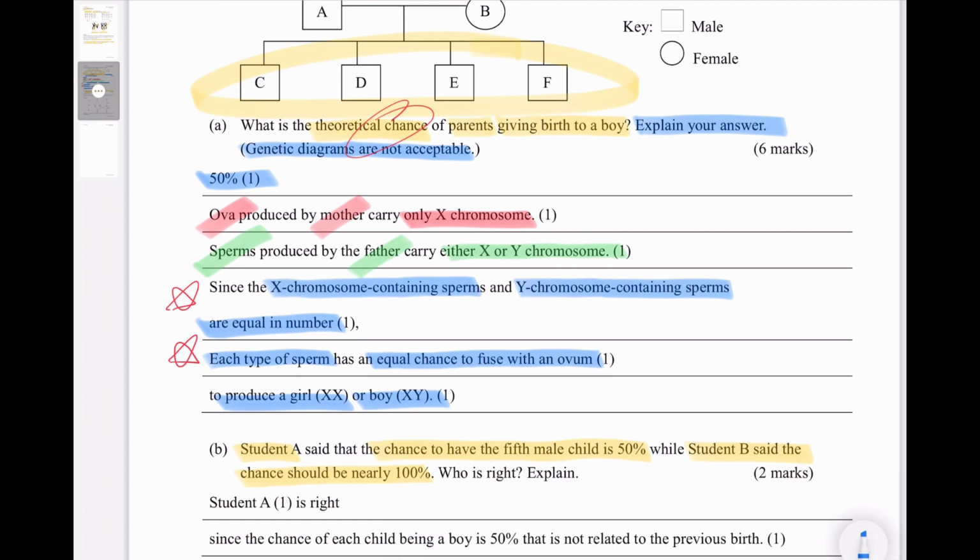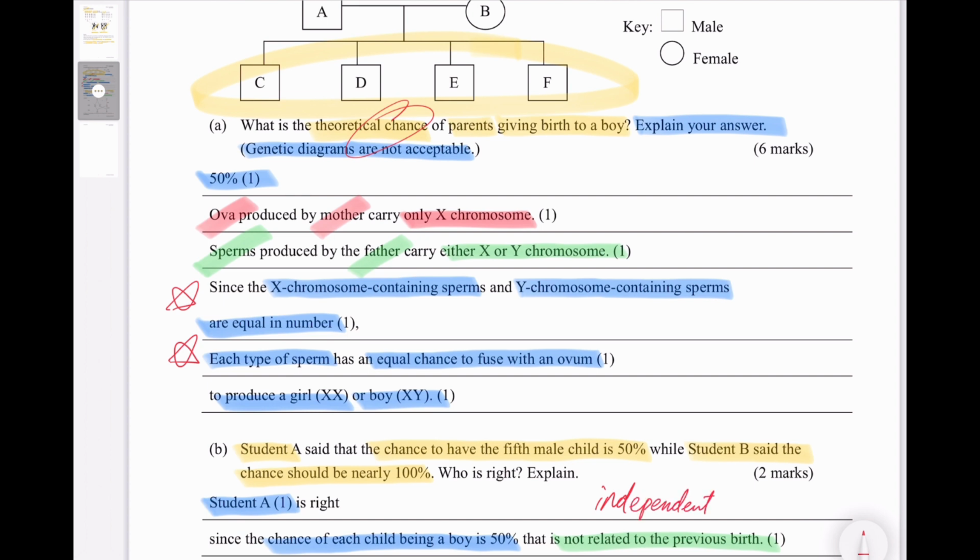You should know that according to the concept of part A, student A is correct. Because the chance of each child being a boy is 50%, just like the chance of each child being a girl is also 50%. And this chance is not related to the previous births. It's like what we learn in mathematics, they are independent events.